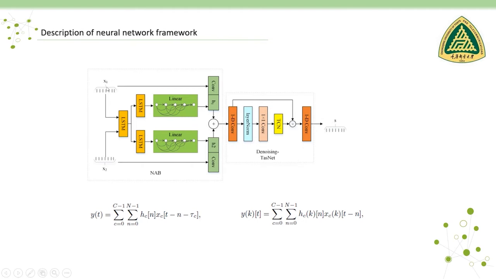Then X_E will be multiplied with H_E, X_I will be multiplied with H_I, and we use this formula to compute the output of NAB.